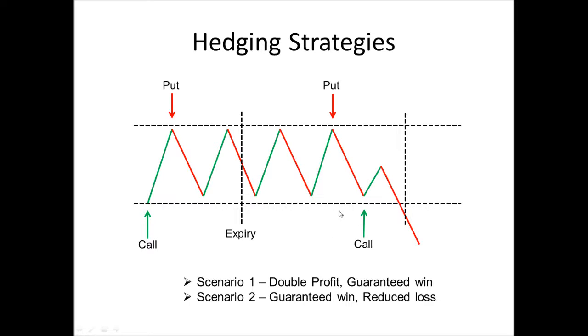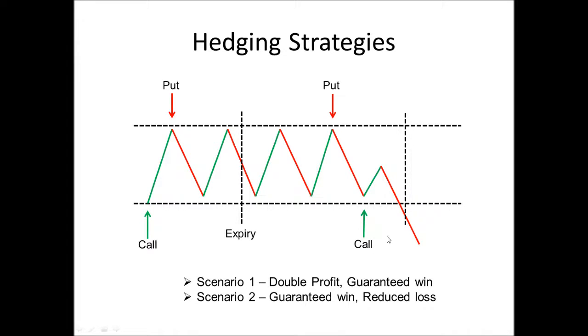The reason being, if we had just placed a call at the support line, we would have made a loss. Say we placed a $10 call, price closed lower on expiry and we made a $10 loss. Whereas if we hedged this position and had a $10 put also, we would have made the $10 loss on the call, but we would have made a gain on the put, and so the payouts were 70%.